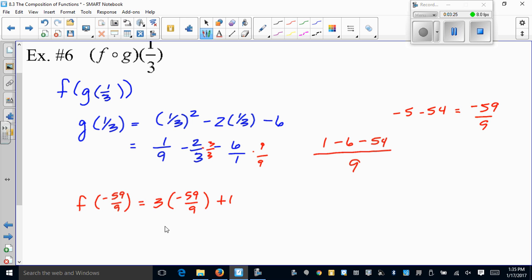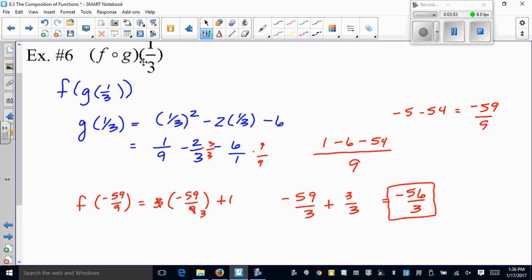So I have -59 over 3 plus 1, or 3 over 3, which is going to leave me -56 over 3. And there's our answer. That is the easiest way to do this. Just put the 1/3 into g, calculate, take that value and plug it into f.